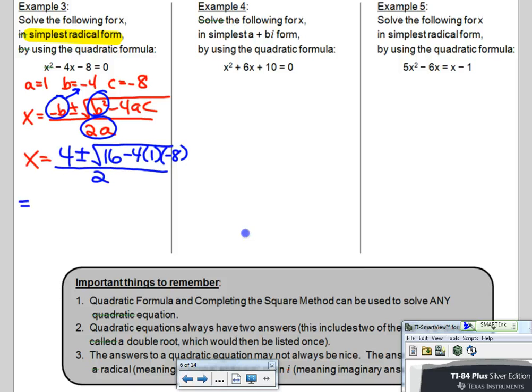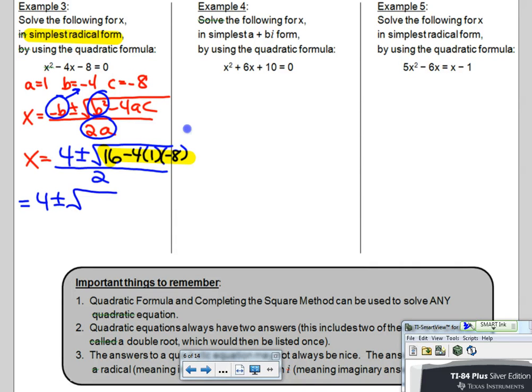Okay, the next thing you're going to do is just work, again, inside out. So we're going to do under the radical, then we'll simplify the entire radical, and then we'll simplify the entire fraction. So it's going to be 4 plus or minus radical something over 2.